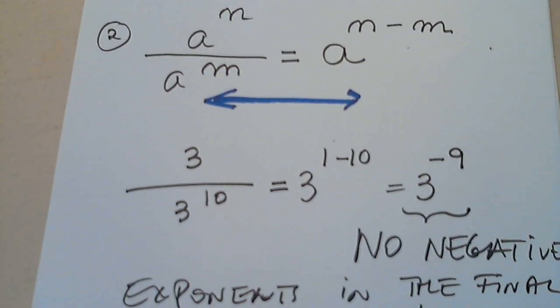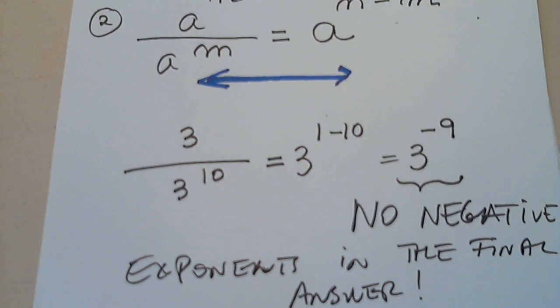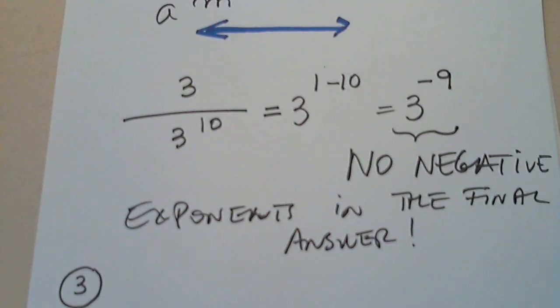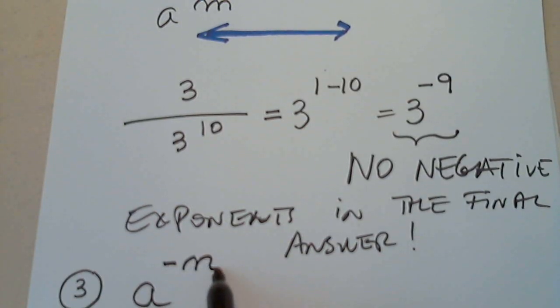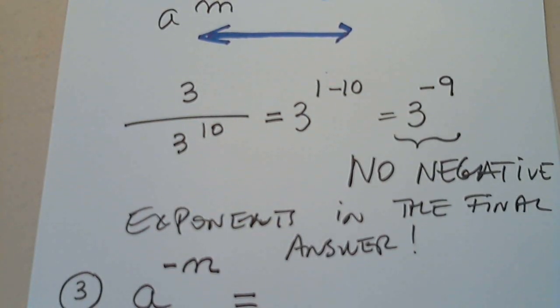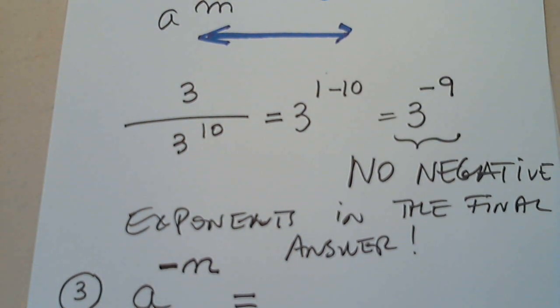Well, I'm going to use rule number 3. What does rule number 3 say? It says a raised to negative nth power is a fraction. It does not mean a negative number as the answer. It could be, but please never connect a negative exponent to the final answer being negative.